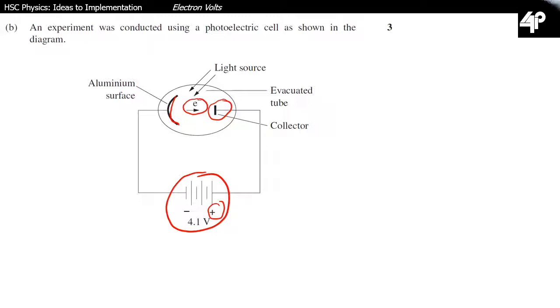So at this point, judging by the picture, those electrons have popped off the surface of the aluminium metal. For electrons to come off the surface of a metal, they've got to get enough energy. There are three ways in which you can give those electrons energy. The first one is heat.